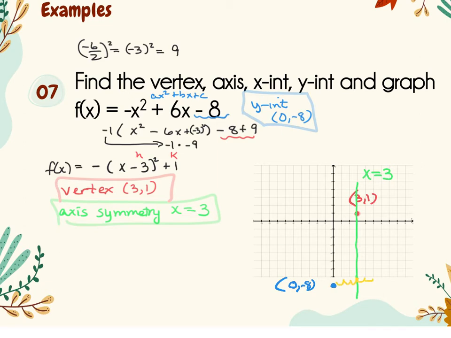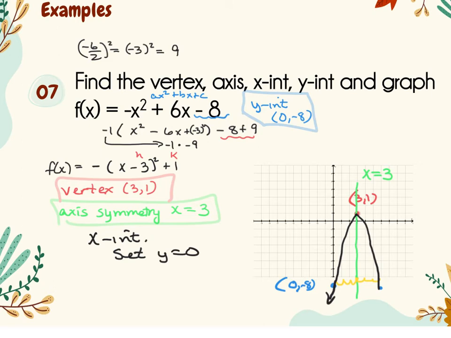So 1, 2, 3 spaces away, and right along the same horizontal line. And then now you can connect your points. And then come over here and make your graph. Now, to find your x-intercepts, remember you set y equal to 0.